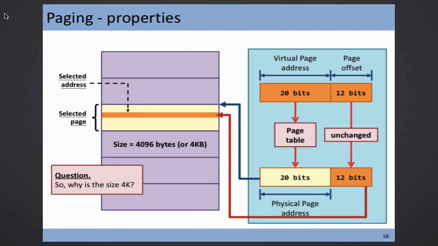And what is the area? This area is shown here. The area is 4096 bytes per area, they will be kept consecutive. Why is it 4K? Because the consecutive numbers of address is defined here using 12 bits. 2 to the power 12. What is 2 to the power 12?